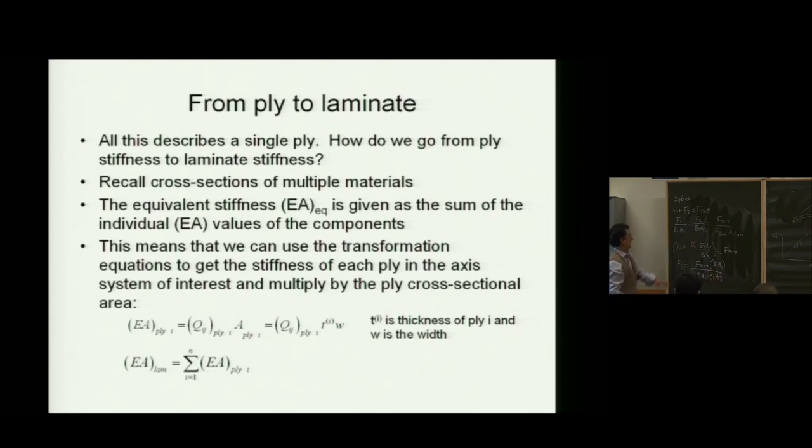So in the case of two plies, the force in ply 1 is just the total force times the EA of that ply, product of E times A, divided by the sum of the EAs.